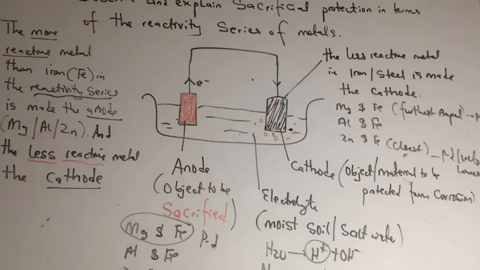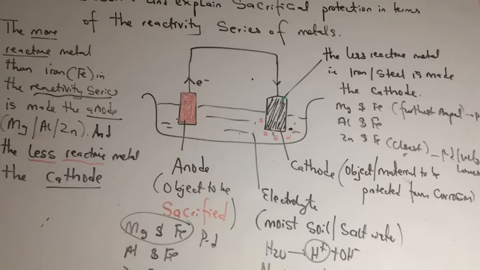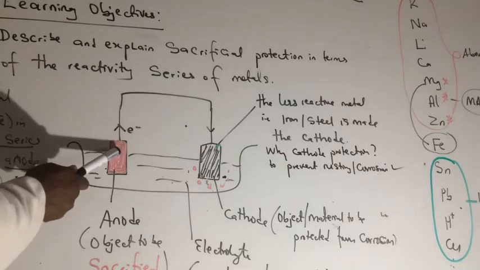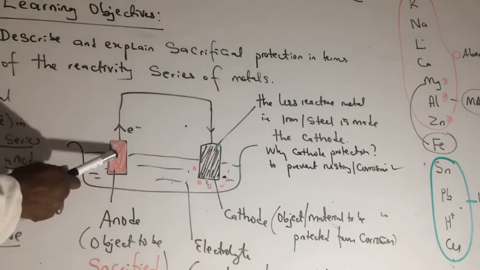So why cathode protection? It is to prevent iron or steel from rusting or corrosion.